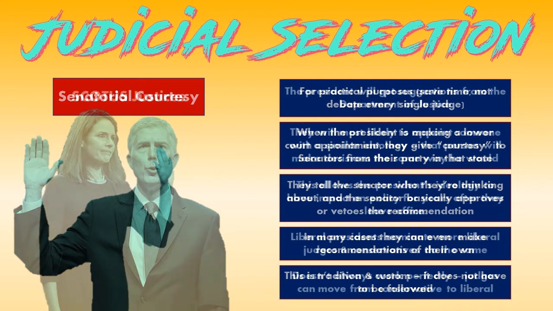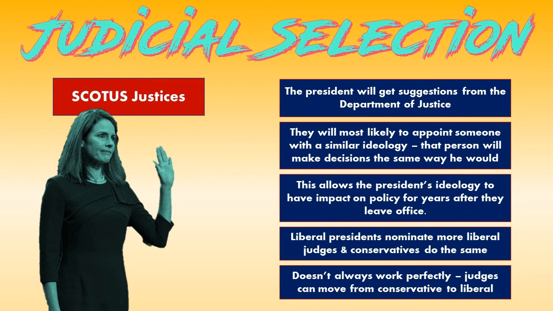Now, for the Supreme Court justices, obviously the president does not know thousands of judges all around the country. So they're going to get recommendations from the Department of Justice, and mostly the thing that they're going to focus on is appointing someone with a similar ideology.